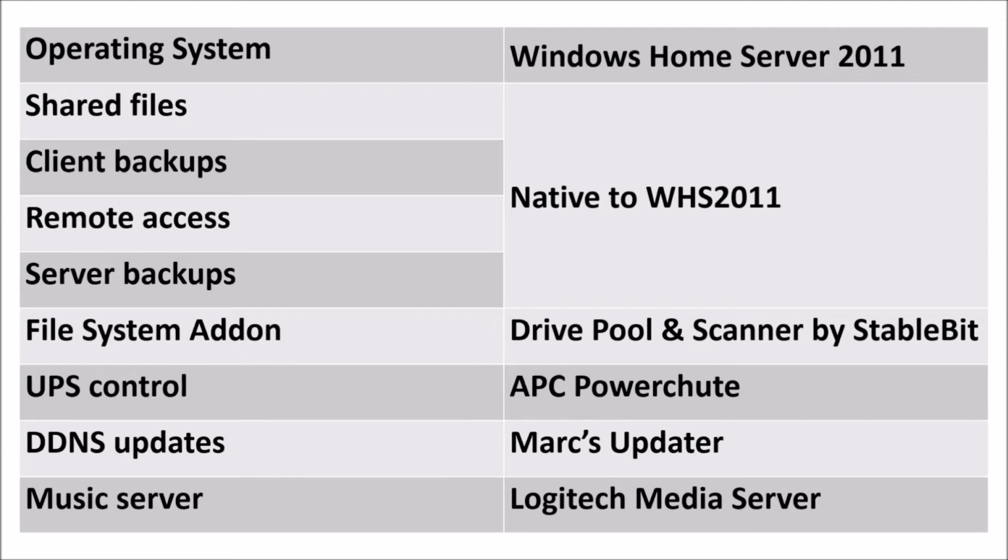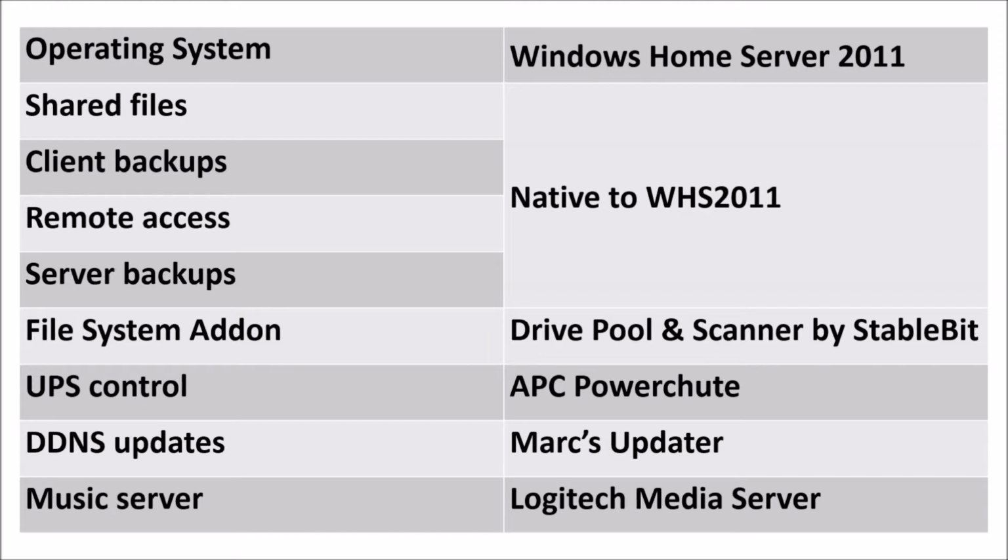It also had a server backup feature, which I had set up to run once a day to an external USB drive. And both the client and the server backups would recover individual files or folders or recover from bare metal problems. So if a client hard drive died completely, I could pop a blank one in there, boot a recovery disk on that system, and get back to the last backup that I made on my Windows Home Server.